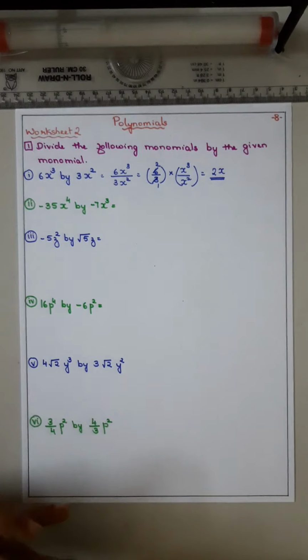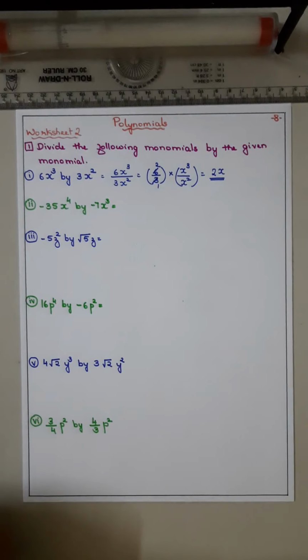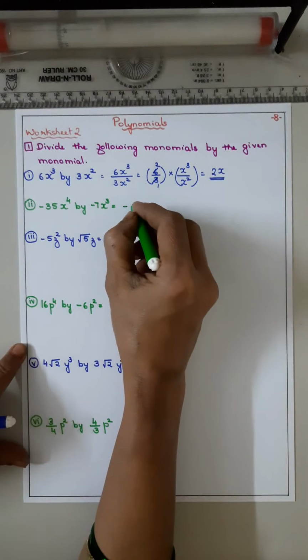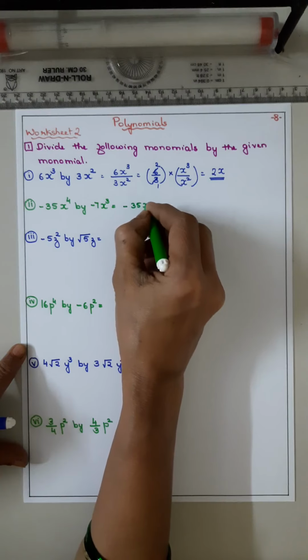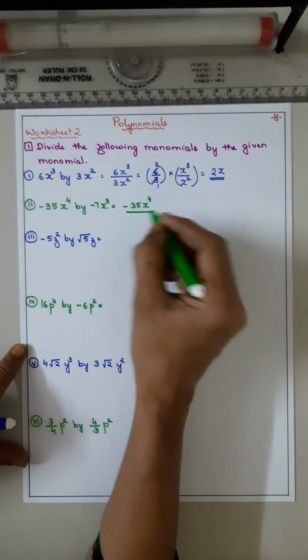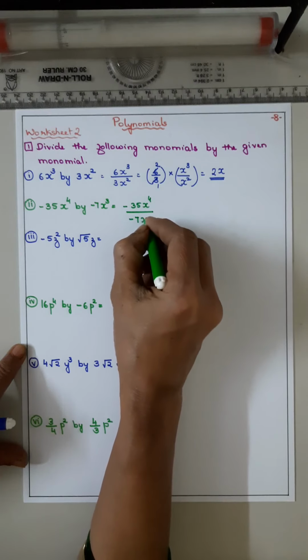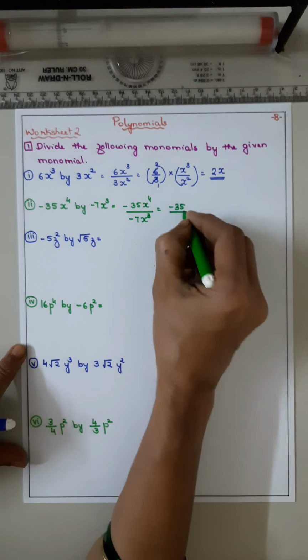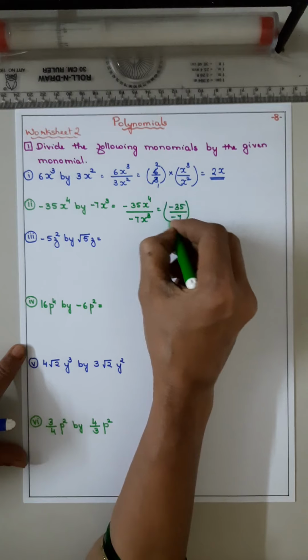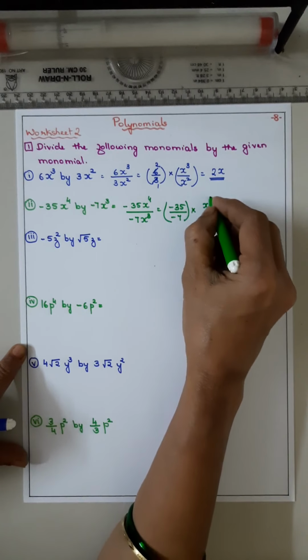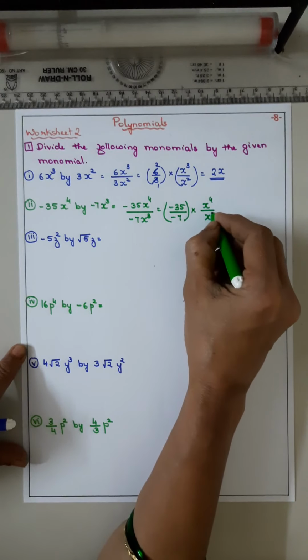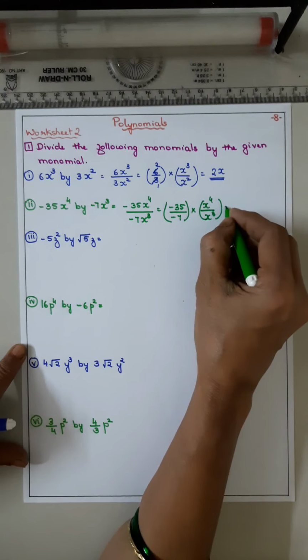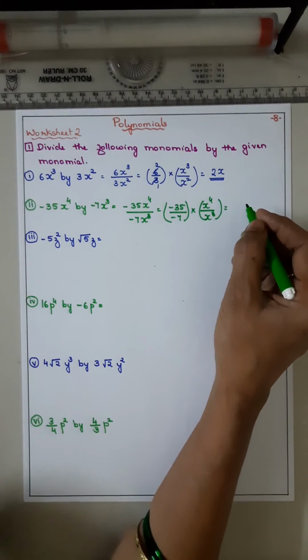Now coming to the second question, it is minus 35x to the power 4 divided by minus 7x cube. It is minus 35 upon minus 7 into x to the power 4 upon x to the power 3.